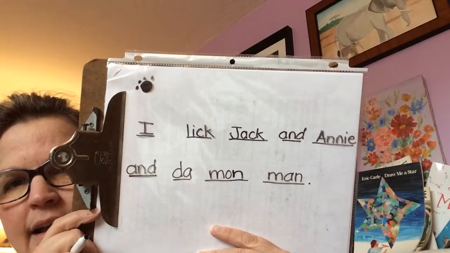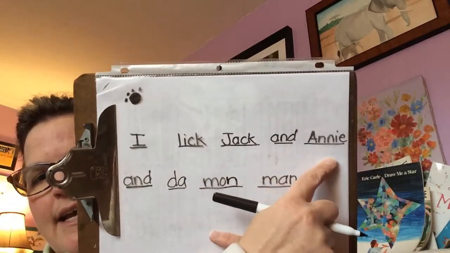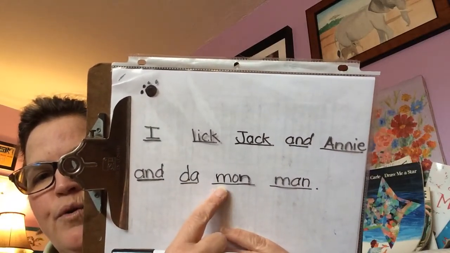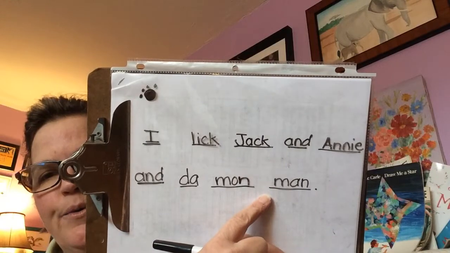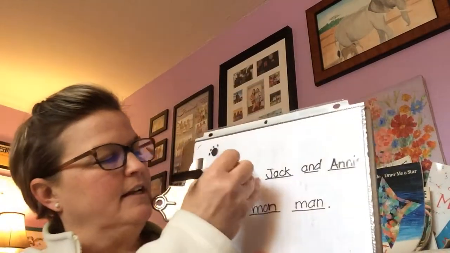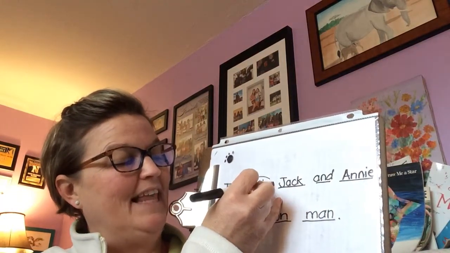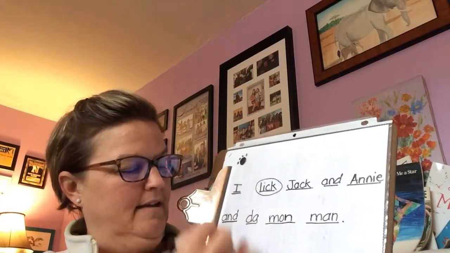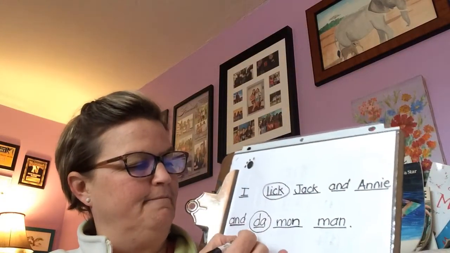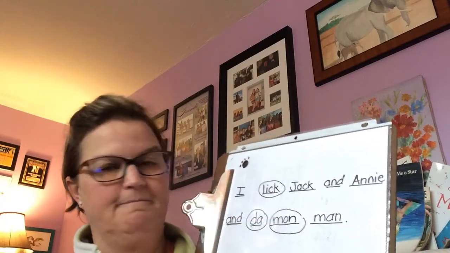I like Jack and Annie and the Moon Man. Ooh, I definitely see something down here that needs fixing. So I'm going to show you that like needs fixing, that the needs fixing, and that moon needs fixing.